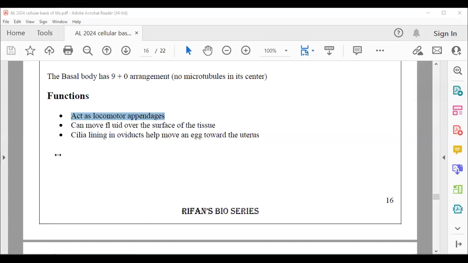Okay, flagella as a locomotor appendage. For whom? Euglena. Correct.